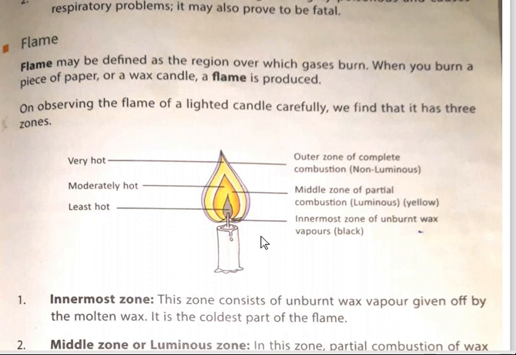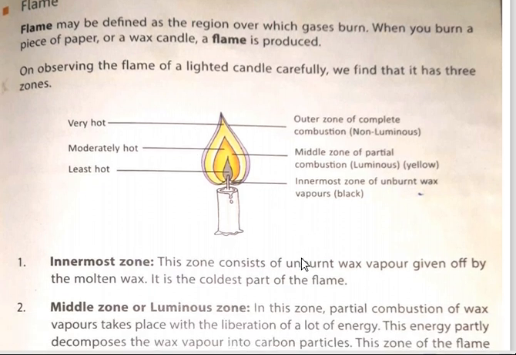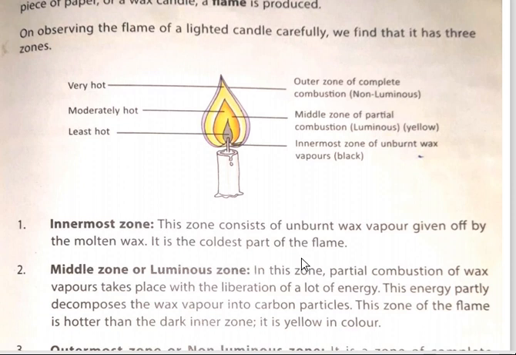Now see what happens in the inner zone. The inner zone consists of unburnt wax vapor given off by the molten wax. Means in this layer only wax melts and vapors are formed.